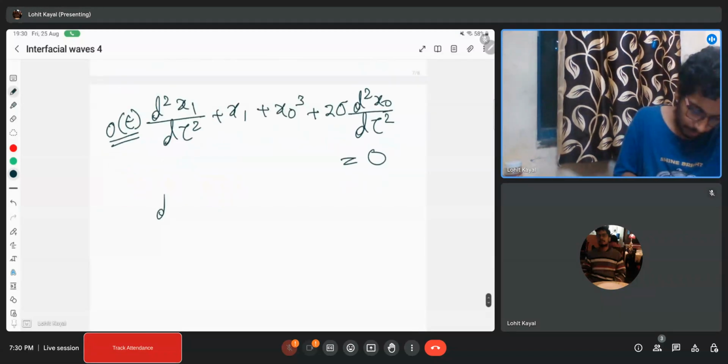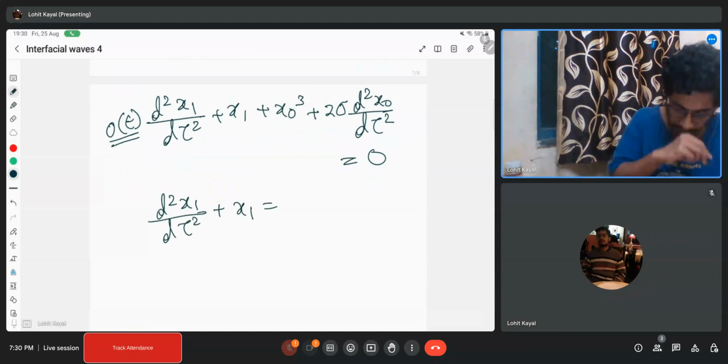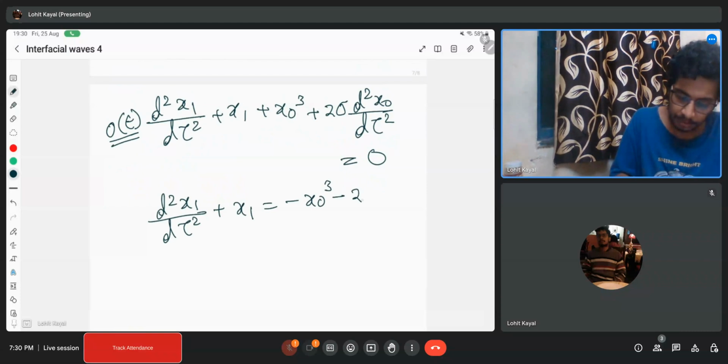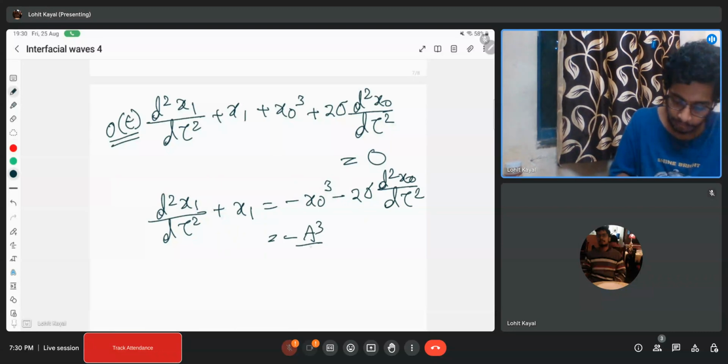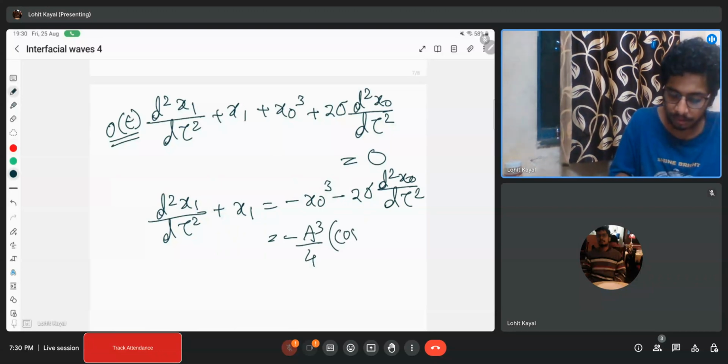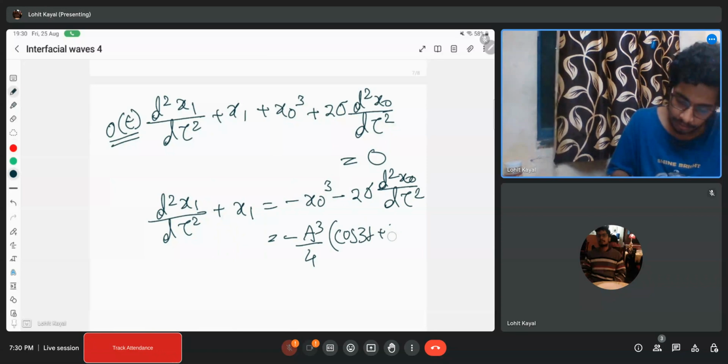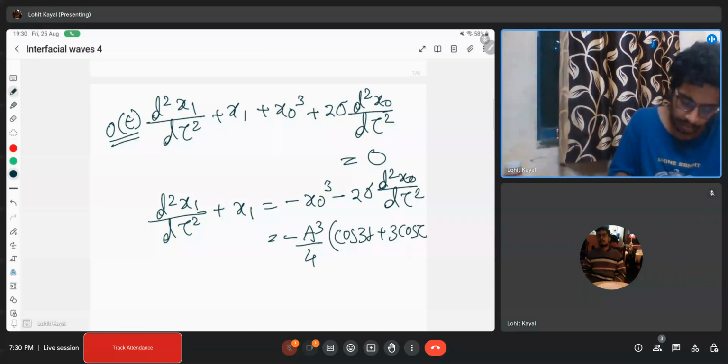So now you will have d square x1 d tau square plus x1 equal to minus x naught cube minus 2 sigma d square x naught d tau square. So it will be minus of a cube by 4 cos 3 tau minus 3a cube by 4 cos tau. We have already done it, so I am writing down the final expression. This is tau, not t.